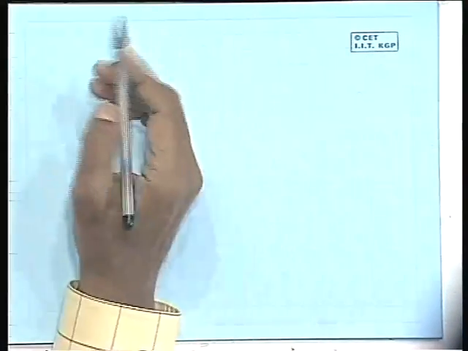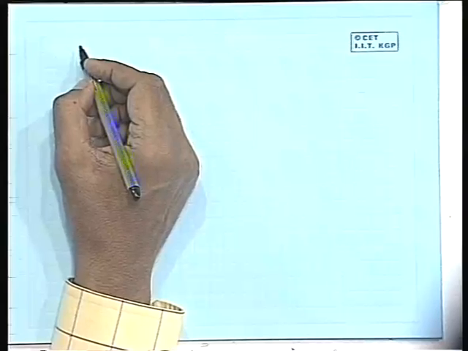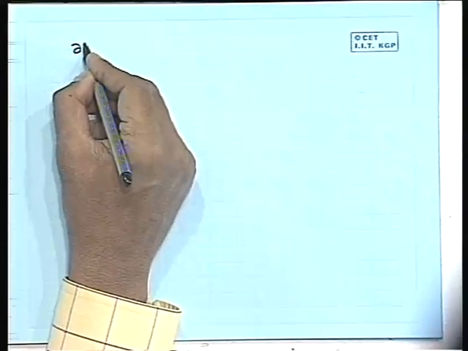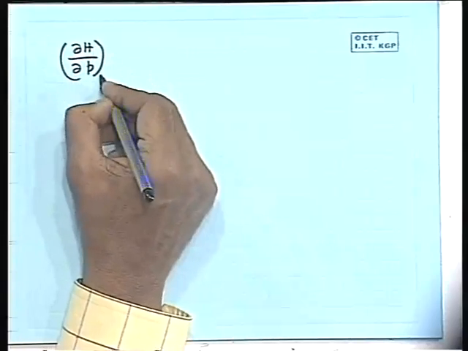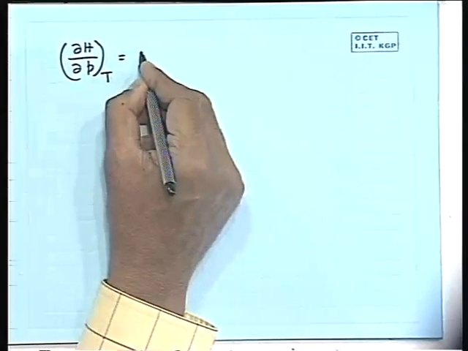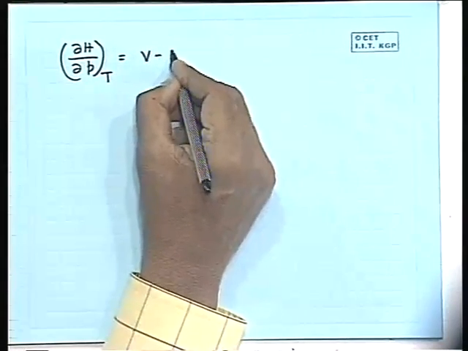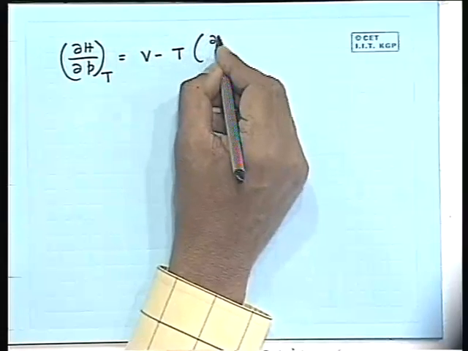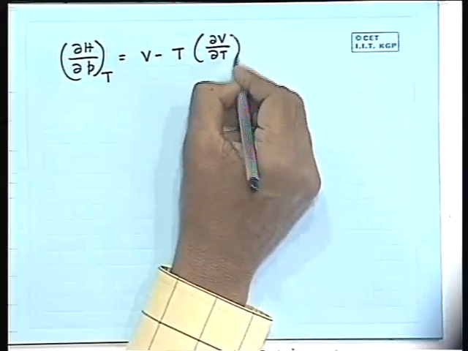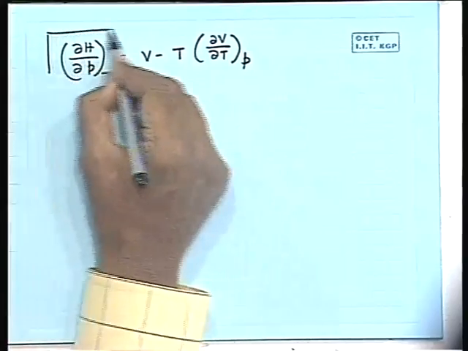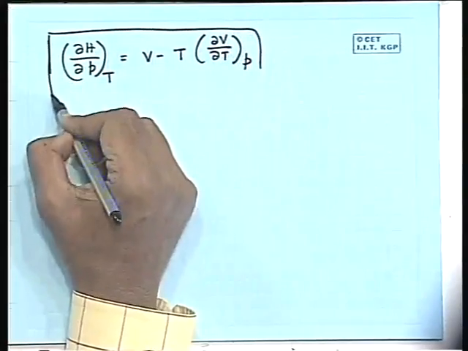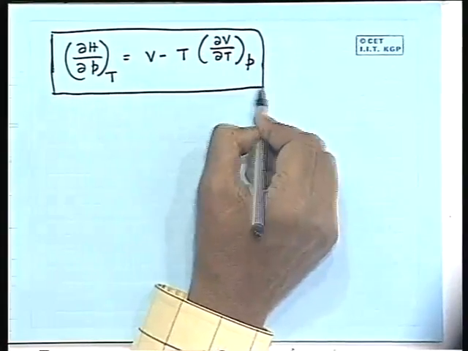Another thing is that this is true for relationships in differential form as well. For example, you know a well-known thermodynamic relationship, (∂H/∂P) at constant T is equal to V minus T (∂V/∂T) at constant P. So this is again a very important thermodynamic relationship in differential form.